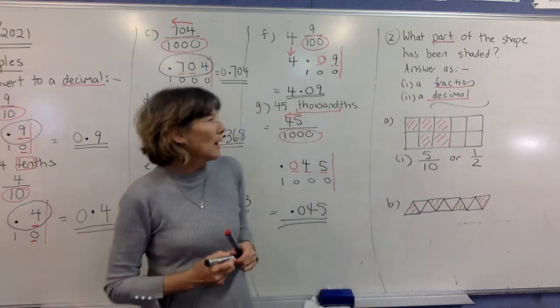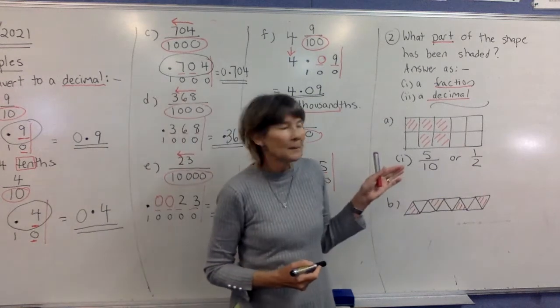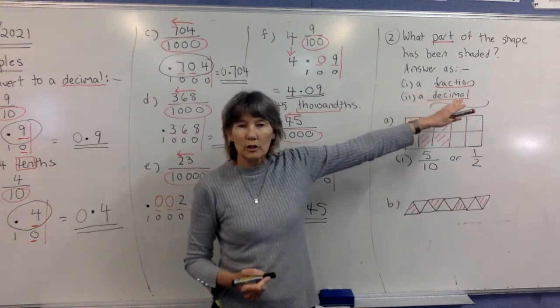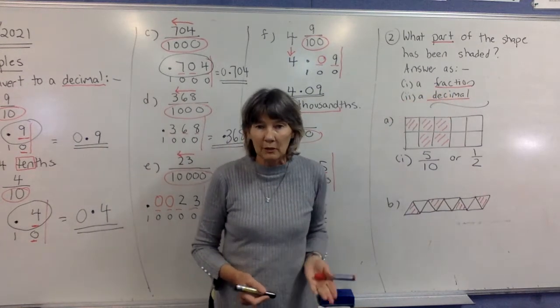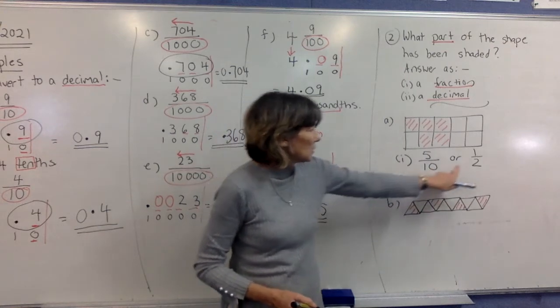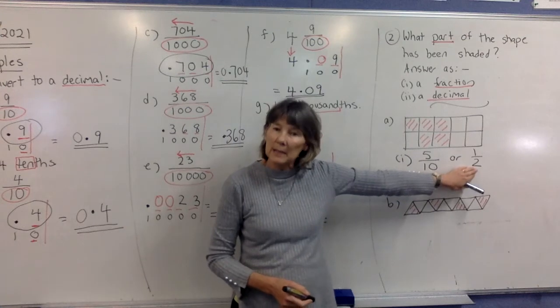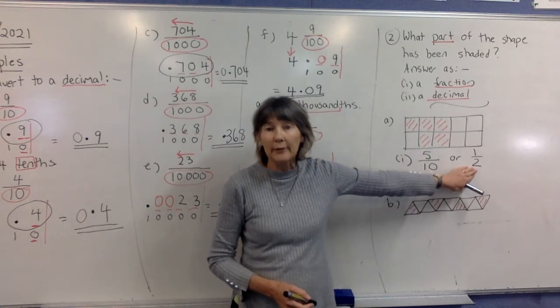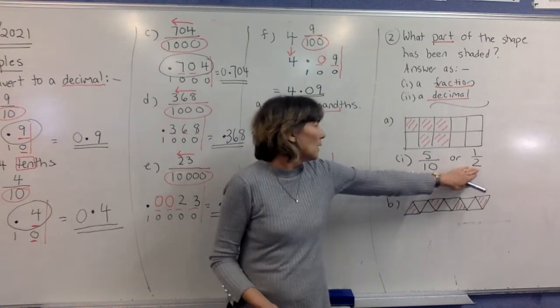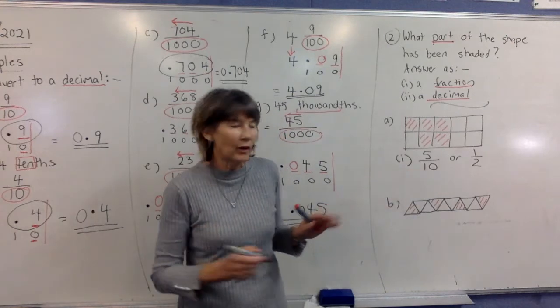But that's not going to help us get to part 2. You'll notice they haven't asked you for a fraction in simplest form. So in a test, they'll mark both of these as right. So you don't need to go to there unless they ask for it to be simplified or simplest. Okay, so 5/10 is fine.